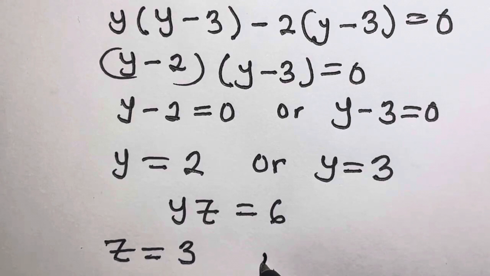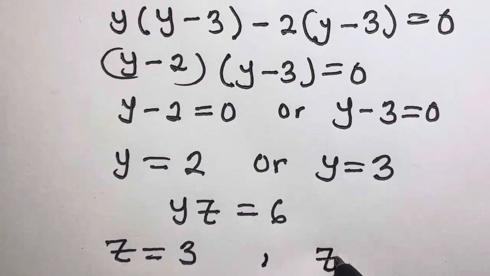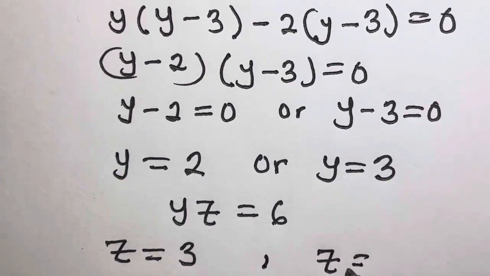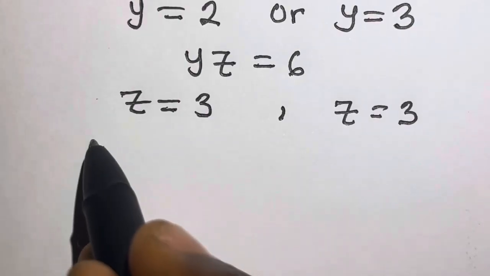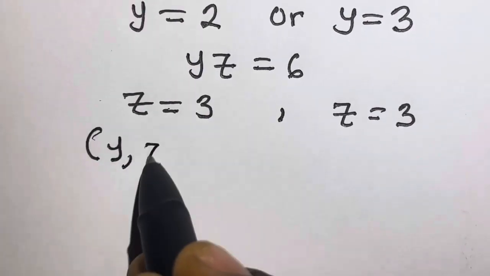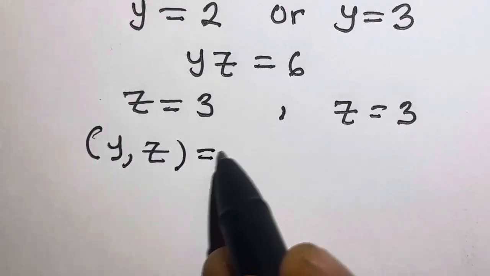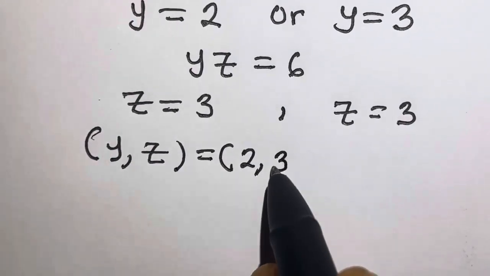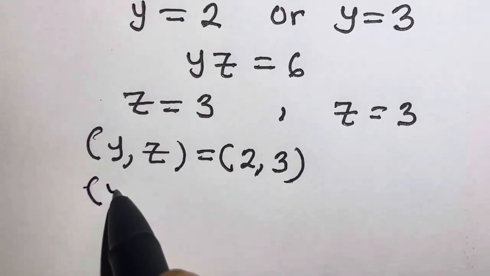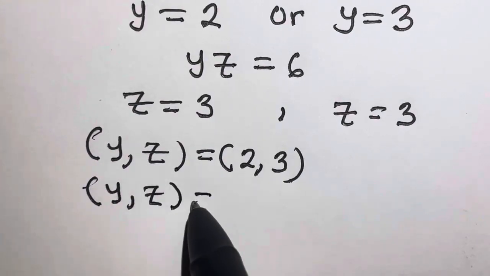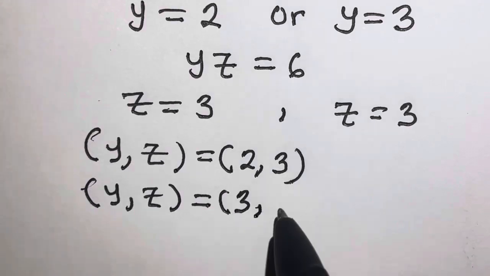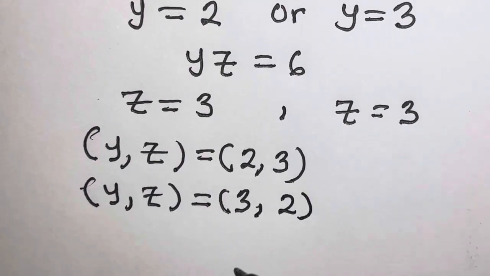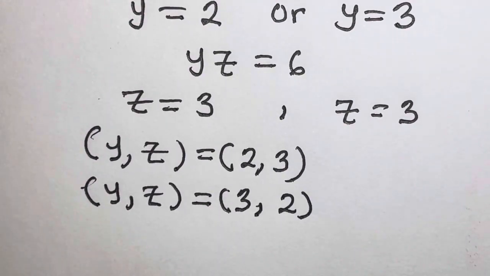And here y equals 3, so our z will become 2, right? So we are going to have a pair of y comma z, which is 2 comma 3. And again we have a pair of y, z, which is y equals 3 and z equals 2 here. But we have to find x, right?